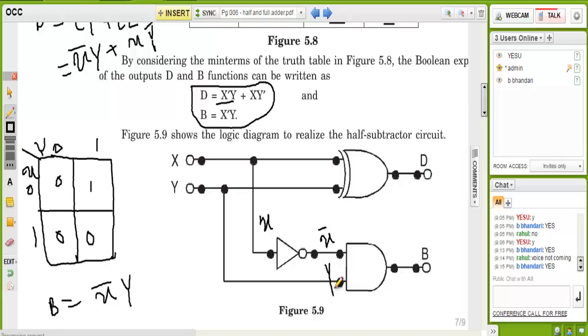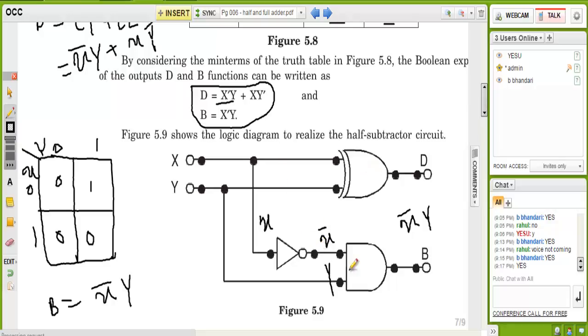So after this AND gate our result will be what? x bar y. Am I right? So it is a half subtractor, because both the equations are fulfilled by this circuit.